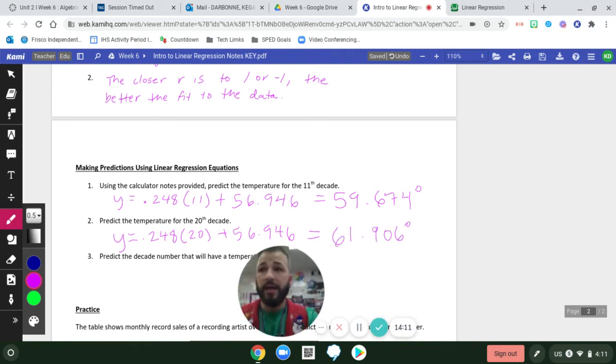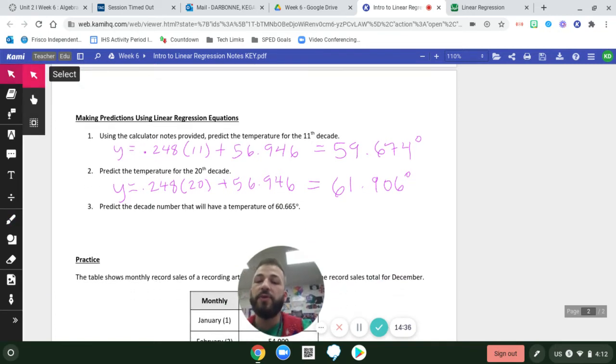It's not too bad. I'm just plugging in X to get out a Y value. Remember, X is my independent variable, in this case representing the decade number. Y is my dependent variable, in this case representing temperature. So temperature is dependent upon the decade number, which lines up with our usual time independent, value dependent.